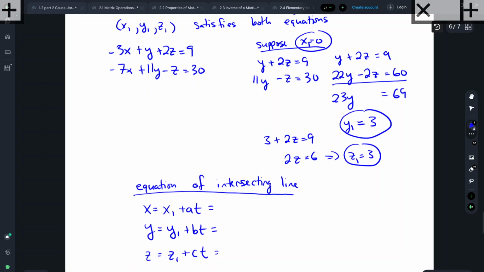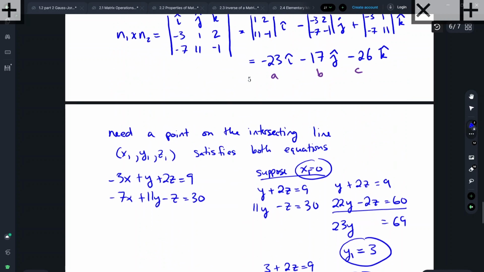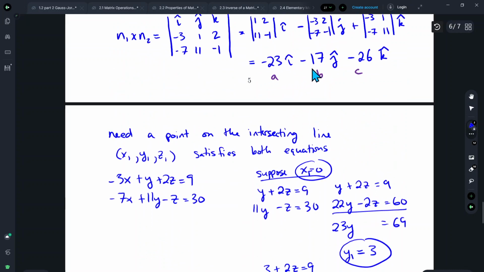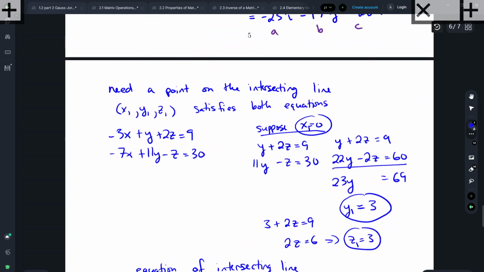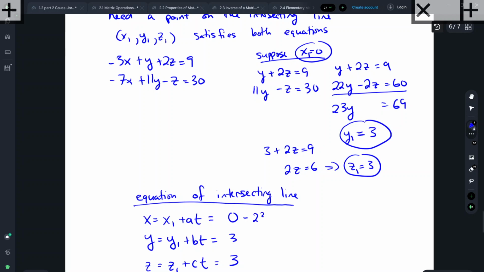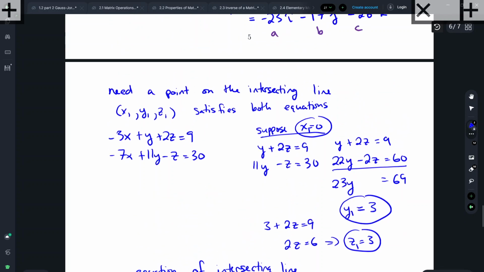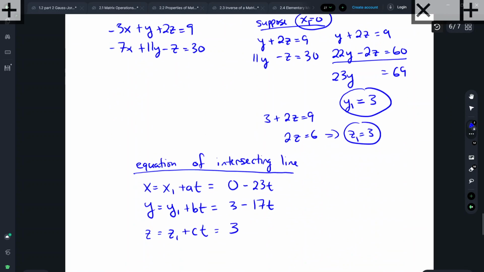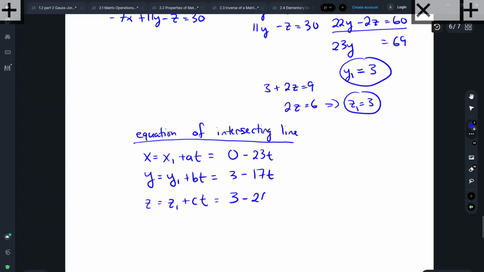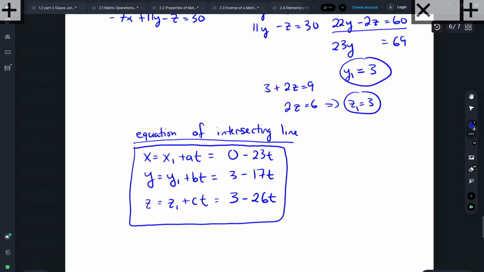So x1, y1, z1 is 0, 3, 3, and what were a, b, and c? That's what we calculated previously. So it's negative 23, negative 17, negative 26. So minus 23t, and then this is minus 17t, and then the last one is minus 26t. Okay, so this is my set of parametric equations.